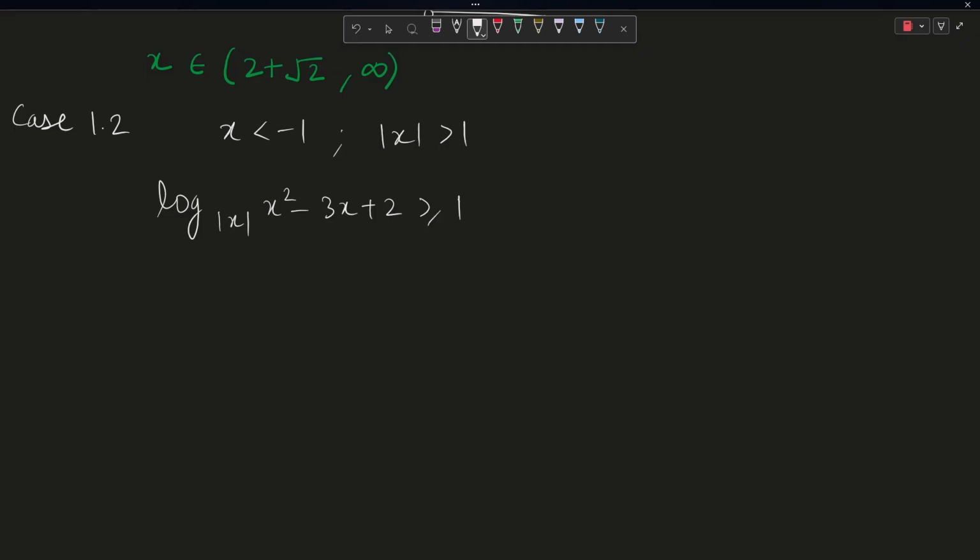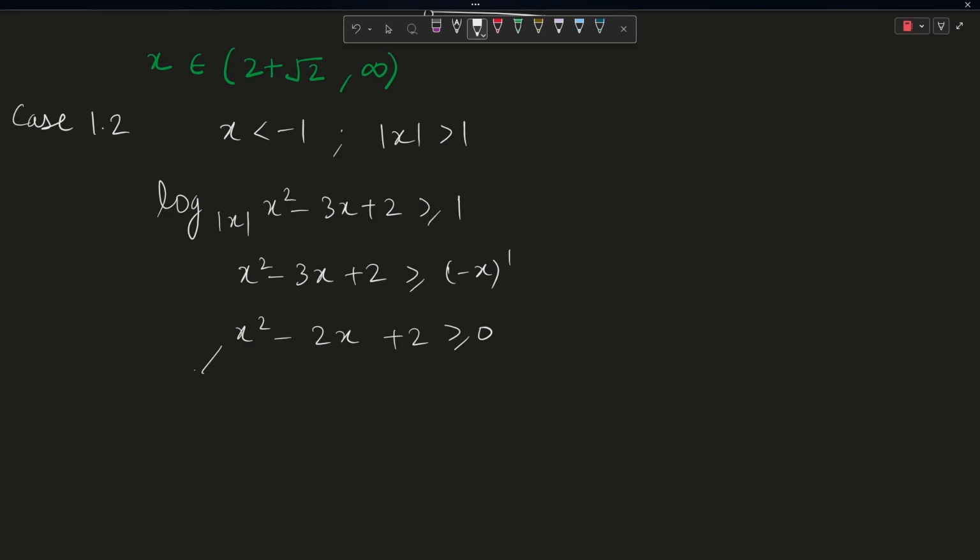So on shifting the base to the other side, the sign of inequality will not change and it will become x square minus 3x plus 2 greater than or equal to, but the mod x will open as minus x to the power 1. So x square minus 2x plus 2 greater than or equal to 0.